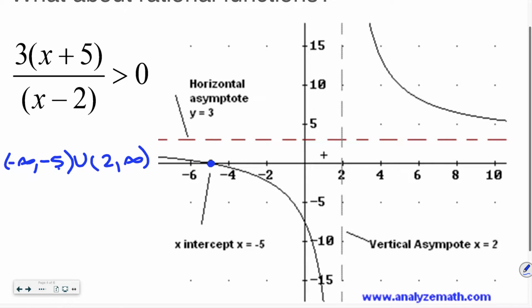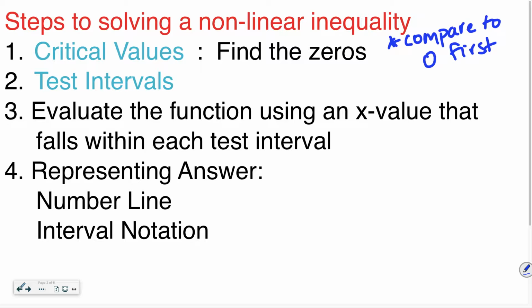So I want you to come back to this over here. Find the zeros. Also, write in vertical asymptotes, because those will also be considered critical. Okay? They could separate your graph from being above versus below. Okay?